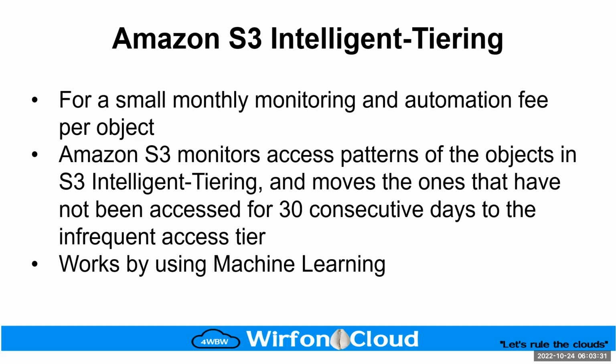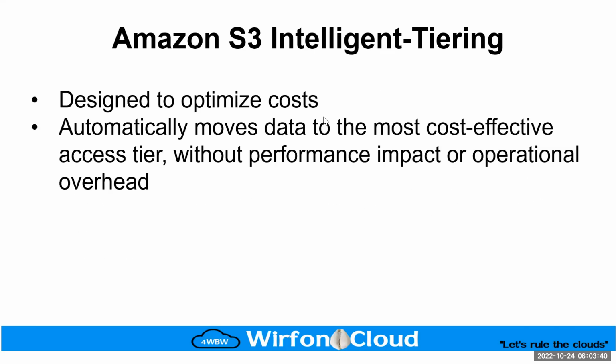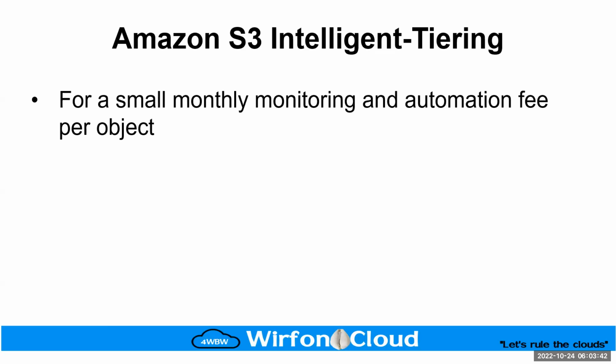Okay, let's take for example S3 One Zone IA. We have heard that it's stored only in one availability zone. So that means if that availability zone is down, you have no access to that data. Maybe you lost that data.